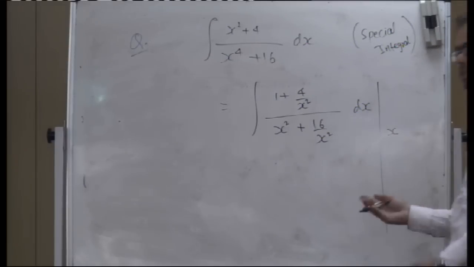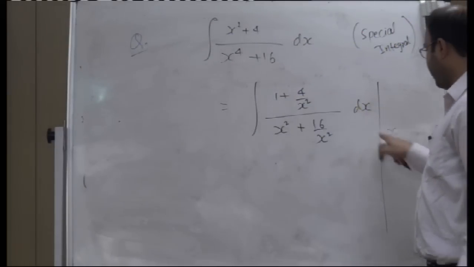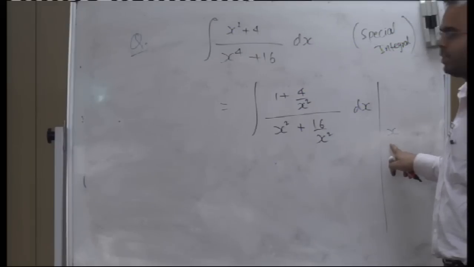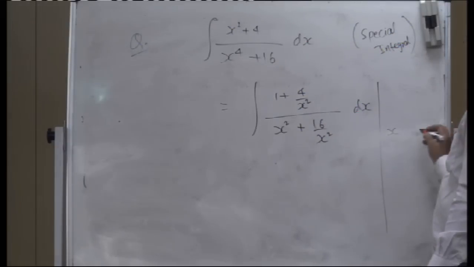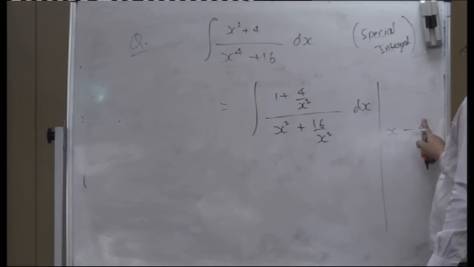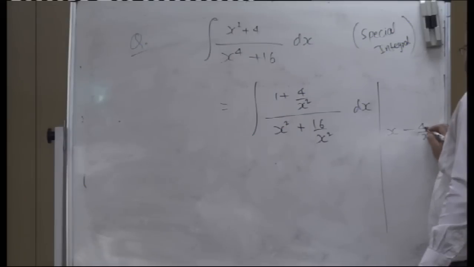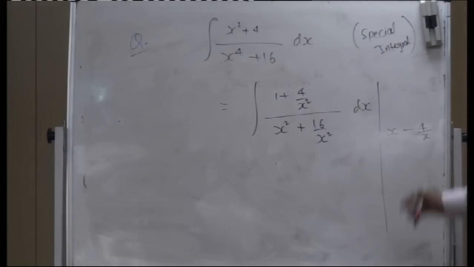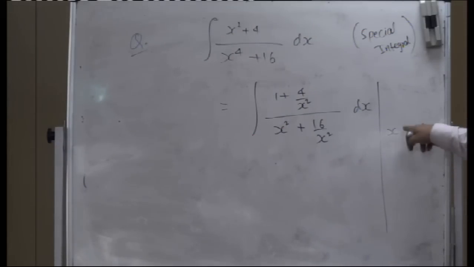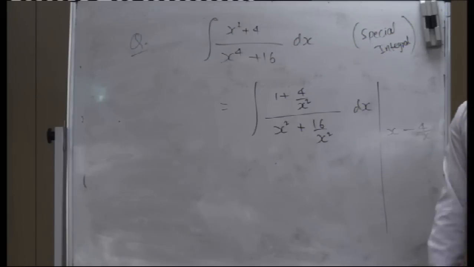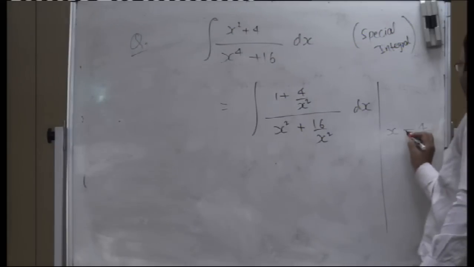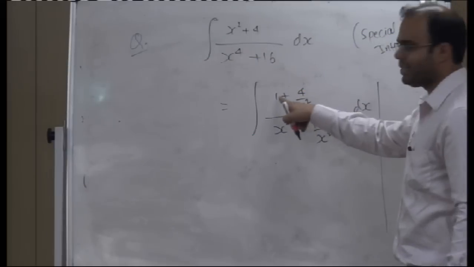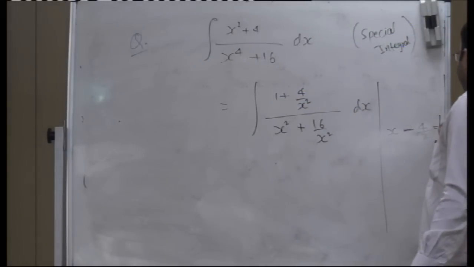Again, indirect substitution is there. 1 is the derivative of x, and 4 by x square is actually the derivative of minus 4 by x, because if you differentiate this part, you'll get plus 4 by x square. So the derivative of x minus 4 by x is present here, which you can assume as t.